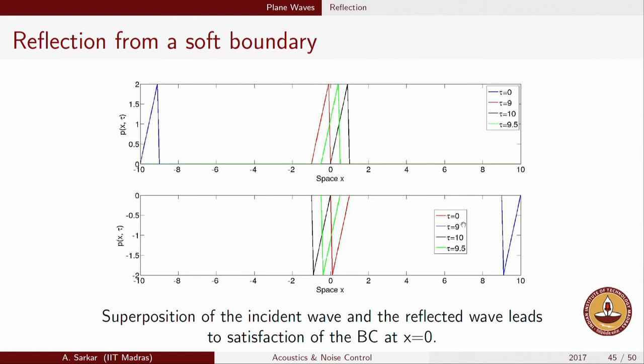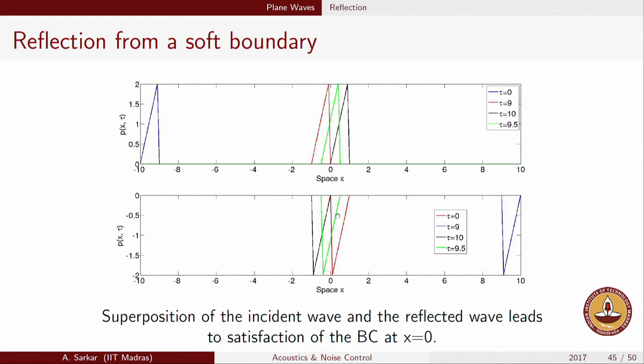The legend is not correct, the legend has to read as the red color corresponds to tau equals 9 and the blue color corresponds to tau equals 0, right. But nonetheless, at this point please realize that at tau equals 0 you have the blue wave, at tau equals 9 you have this red profile, and exactly at 9 you will see that the incident and the reflected wave have started meeting each other, right.